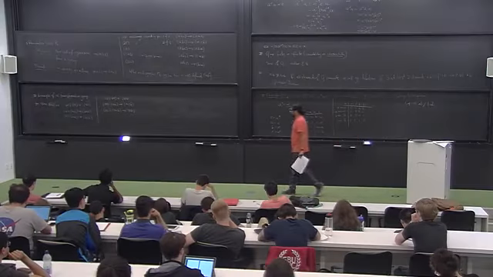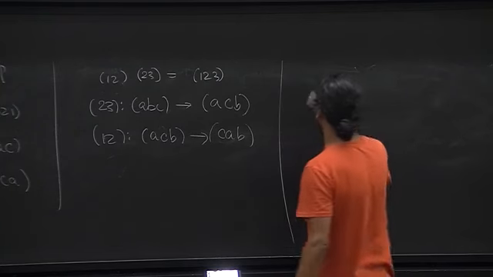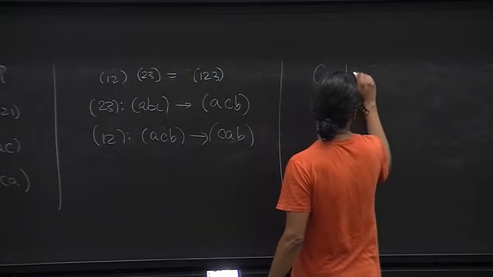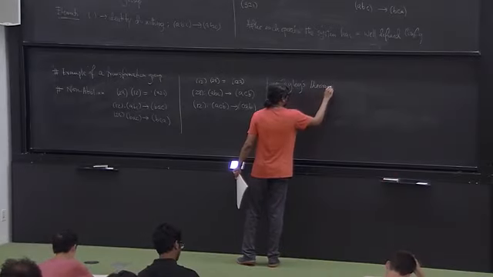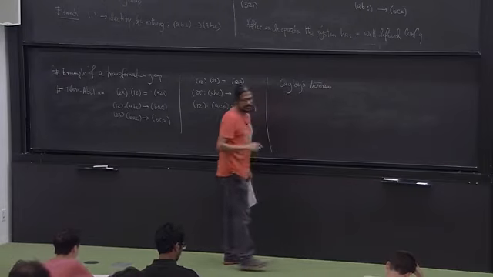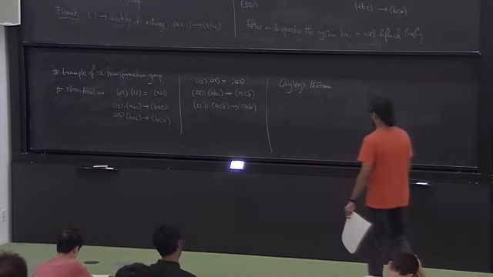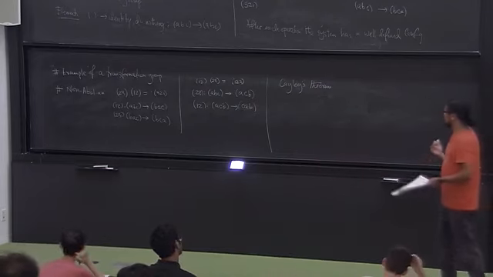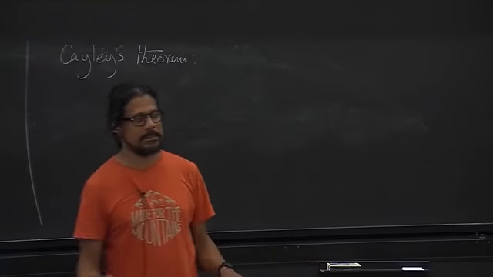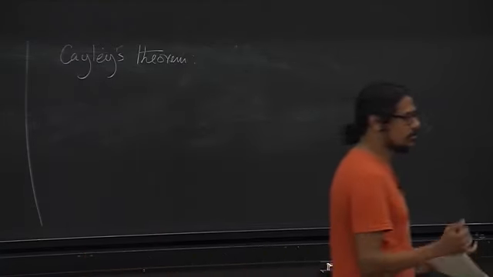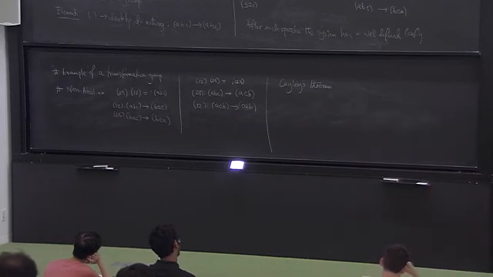So there is a theorem in group theory. I think it goes by the name of Cayley's theorem. I don't remember the exact formulation of it, but it goes something like: any finite discrete group can be shown to be a subgroup of some permutation group.